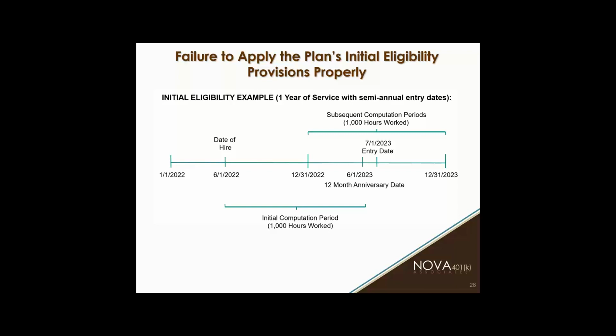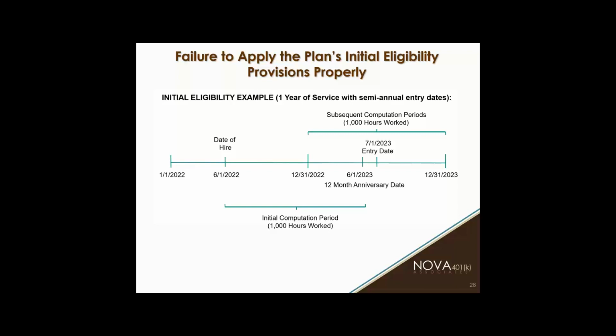And if the answer is yes, then they accrue 1 year of service on 6/1 of 2023, on the anniversary date. Now, most plans have an entry date as well, right? Like in this case, it's semi-annual, which means the first day of the plan year, and July 1st is the second entry date. So this person got the 1 year of service on 6/1/2023.